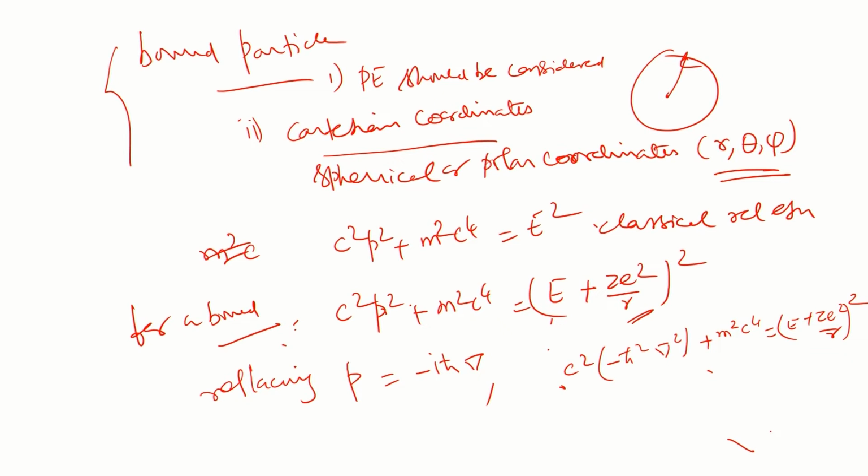So, in the above equation, I have replaced p by minus i h cross del. We have this equation. So, we can write this as minus h cross square c square del square plus m square c power 4 equal to E plus Ze square by r, whole square.